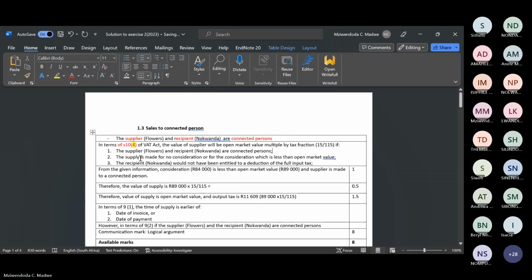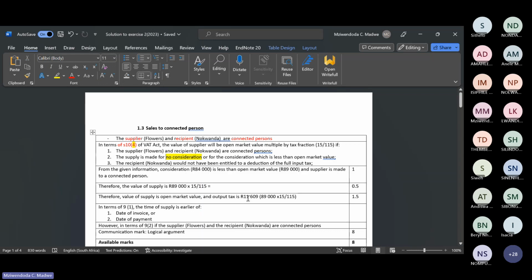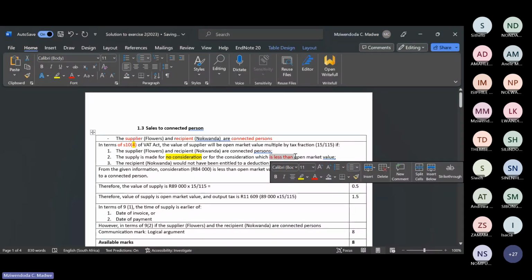Number two, the supply is made for no consideration, for free without any price, or for a consideration which is less than open market value.